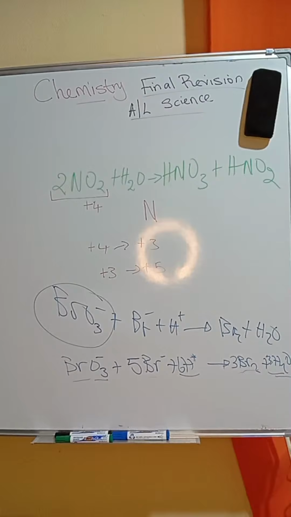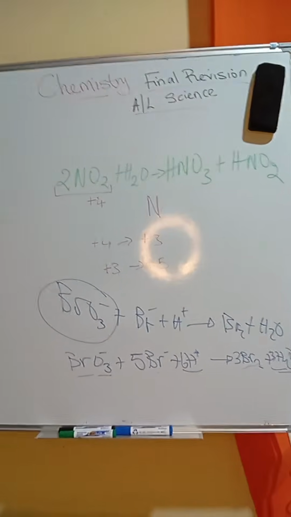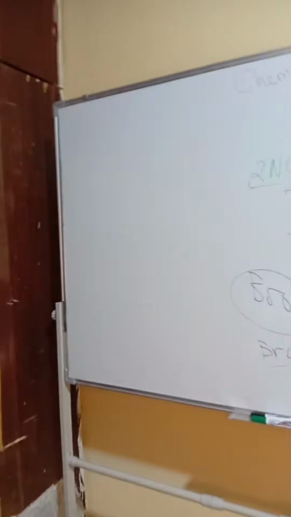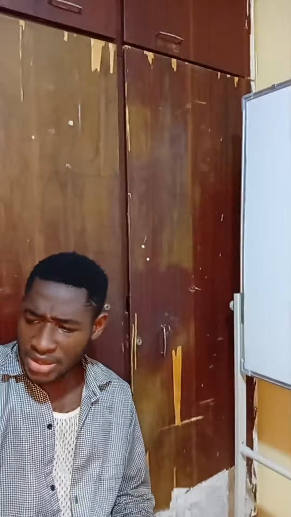Atomic number, I will not go and define the atomic number. I even defined atomic number in the beginning of the class when we started, so I will not go further to define it. Now, explain how atomic radius varies down group 1 and between the groups. Prof, just look at something.